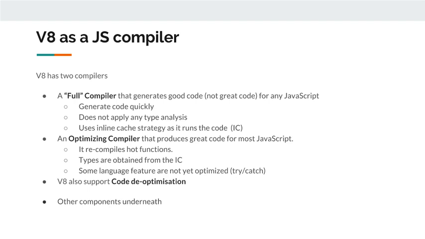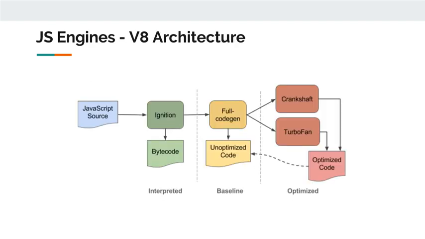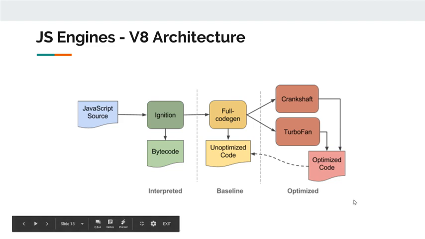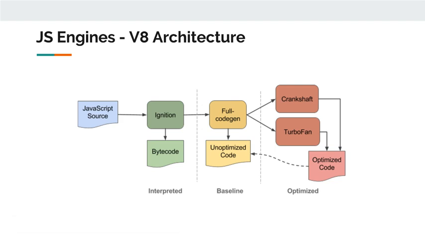In fact, there are other components underneath that we'll have a look at in this picture. So this is the V8 architecture we can come up with. V8 started by having just the full compiler, which is in yellow, the baseline compiler, the second column, and the optimizing compiler. But then the guys realized that, hey, there is something going on here.